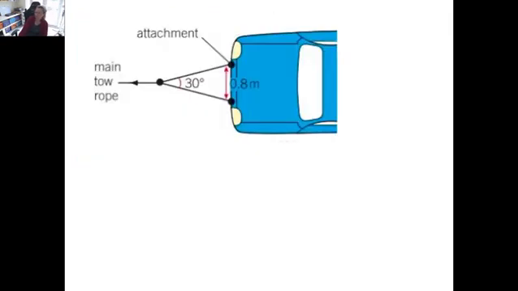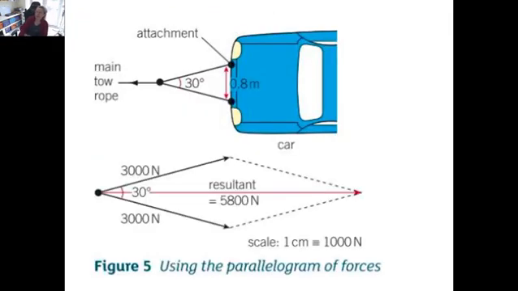Okay, so you should have drawn something like this. So if the tension in this rope is 3,000 newtons and the tension in this rope is 3,000 newtons, there's a 30-degree angle between them, which means there will be a 15-degree angle there.